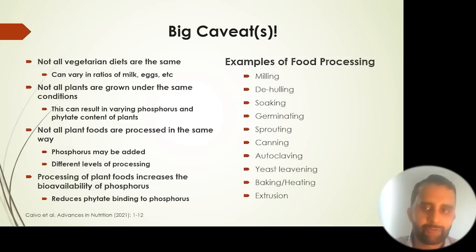These are examples of various types of food processing: milling, dehulling, soaking, germinating, sprouting, canning, autoclaving, yeast leavening, baking, heating, and extrusion. All these things work to destroy that phytate bond and make phosphorus or phosphate bioavailable for absorption.